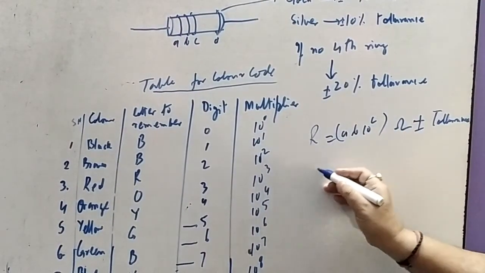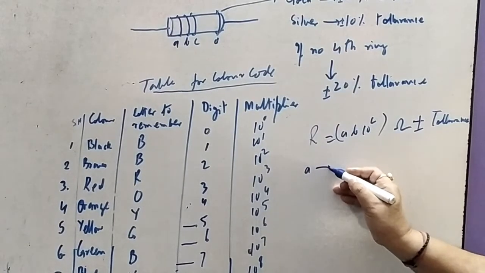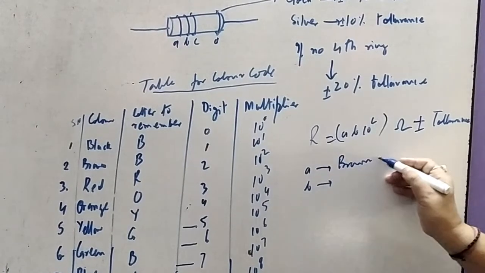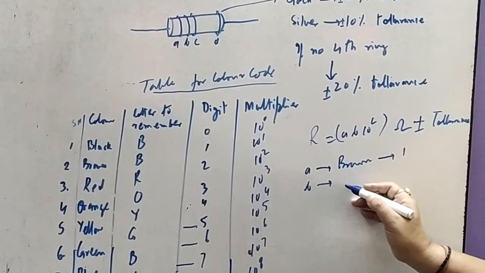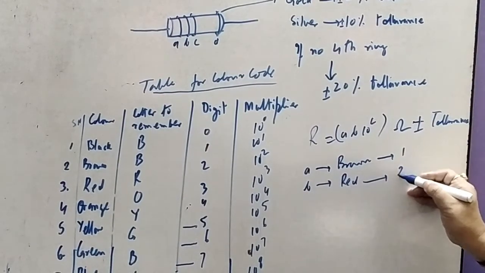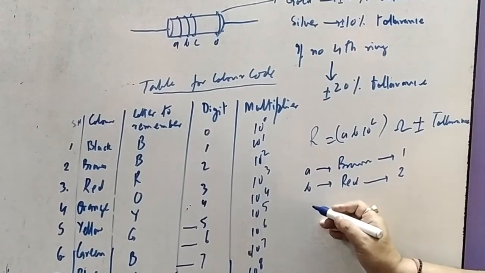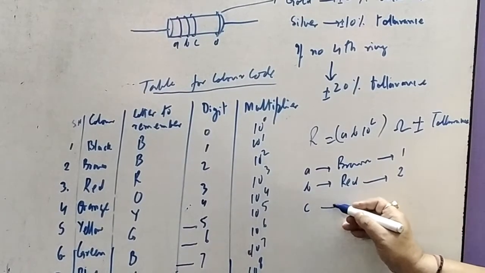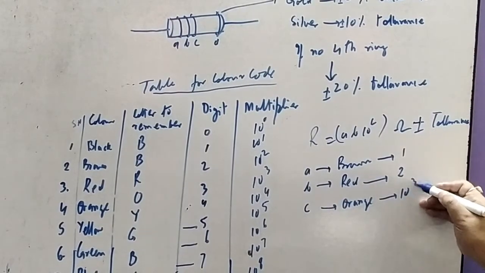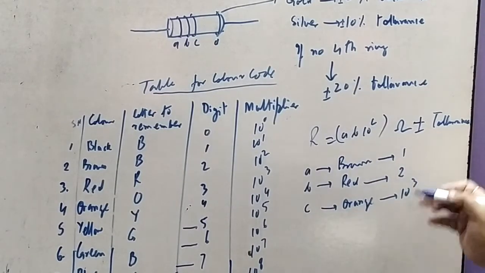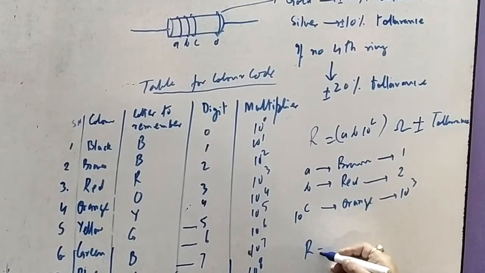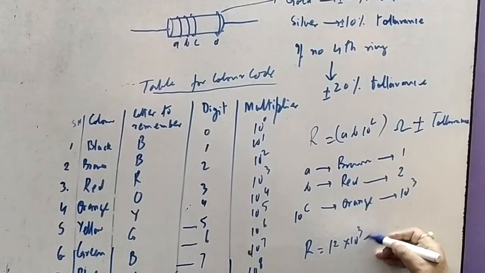Or suppose the first color is brown, the second color is red, which has the value 2, and the third color is orange, whose value is 10 to the power 3. The multiplier is 10 to the power 3. That means the value of R will be 12 into 10 to the power 3 ohm.